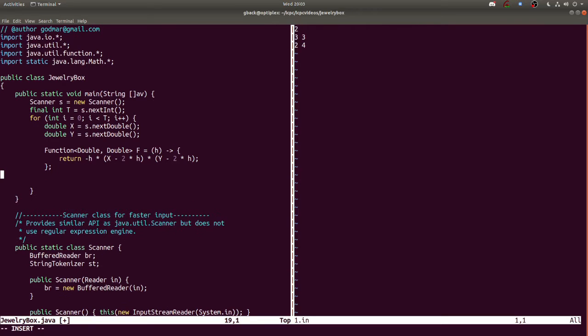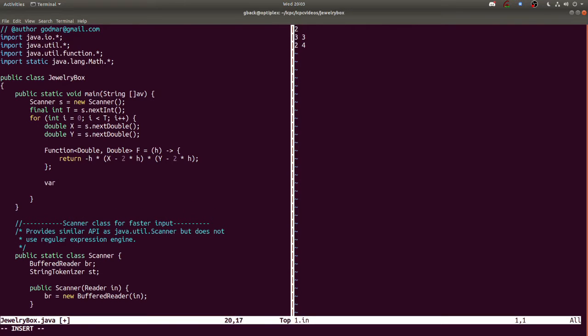Okay? So we need to be able to find a value h that minimizes this function f within the interval of 0 and the smaller of x divided by 2 and y divided by 2. This is the interval of interest where this local optimum lies.